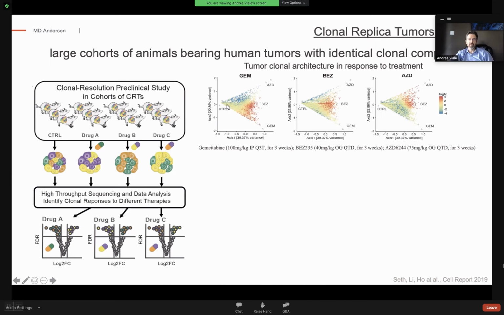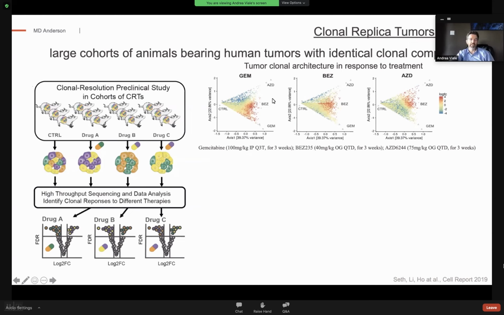So for instance, here we are displaying each clone that is found in the CRT. Each dot is representing a barcoded population. And you can clearly see that using gemcitabine, for instance, all these clones are basically depleted by the treatment. In red, you can see the clones that are gaining fitness and are selected by the treatment.